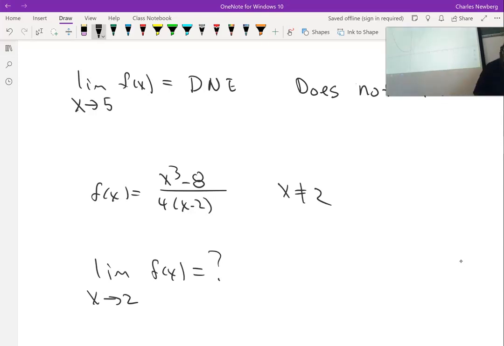Okay. Now, I should be able to build a table, but it's going to take me too long. Let me just go back to algebra here. And when we're talking about function values, are we talking about x coordinates or y coordinates? What's the function values? Are the x's or the y's?